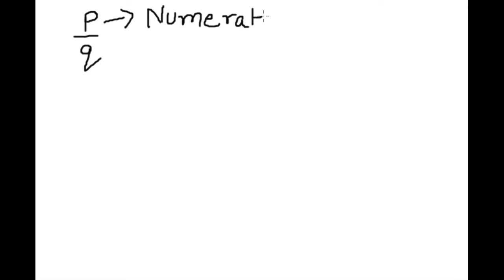As I said, a rational number should be in the form of p by q. p is called the numerator and q is the denominator.